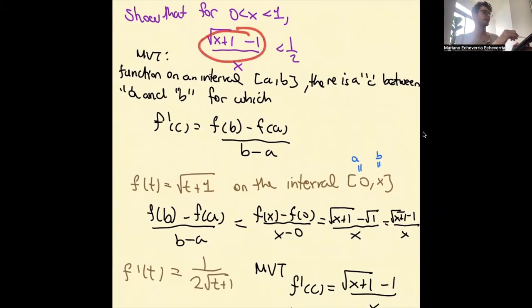Again, the function only appears in the numerator of the expression in the mean value theorem. Otherwise, if you take all of this to be the function, it has a more complicated derivative and other things become worse. So the idea was to look at the numerator as providing the function.